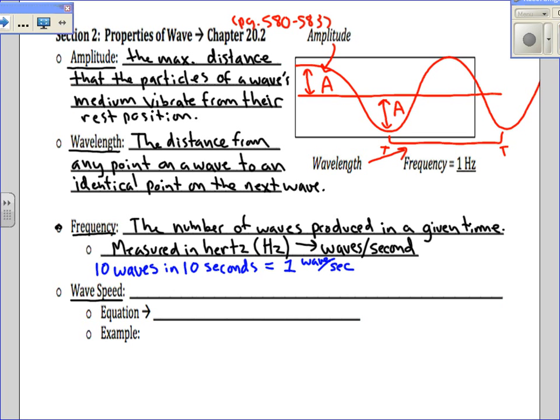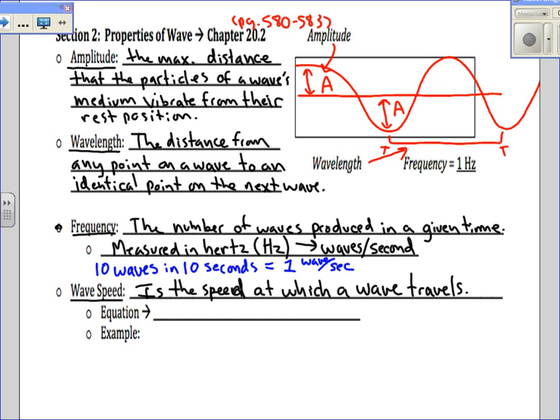So the last one is wave speed. Wave speed is the speed at which a wave travels. Okay, so this is wave speed.